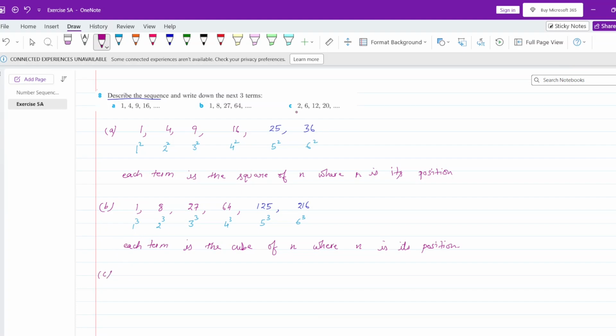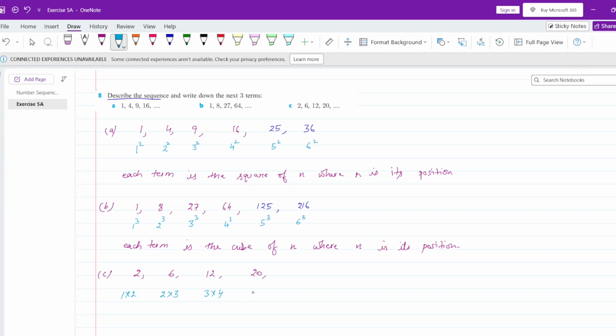C. 2, 6, 12, 20. Here we can say this is the product of two numbers 1 times 2. This is the product of two numbers 2 times 3. This is the product of two numbers 3 times 4.